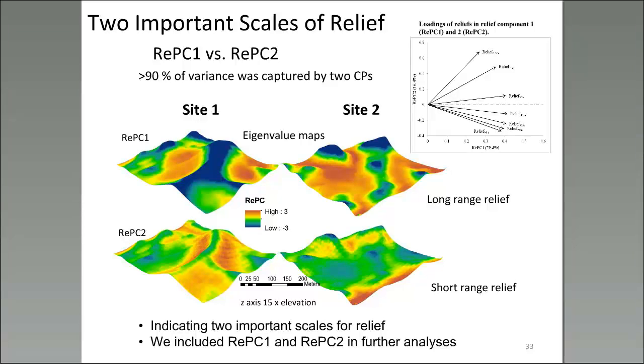And so one of the principal components is for long-range relief, and the other was for short-range relief. This indicated that there were two important scales of relief in this landscape. And so we use those 2 principal components in our further analysis.